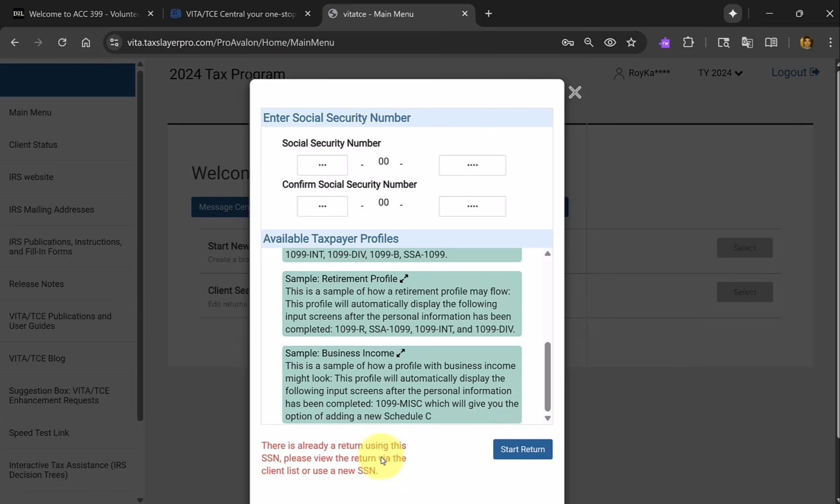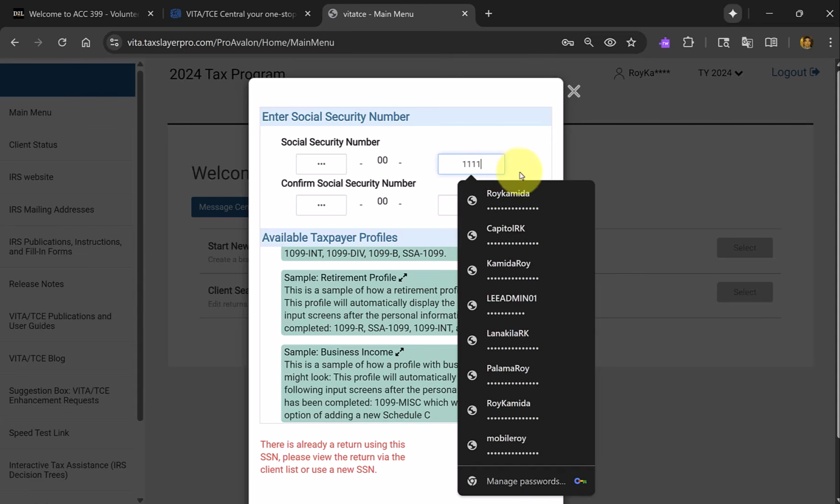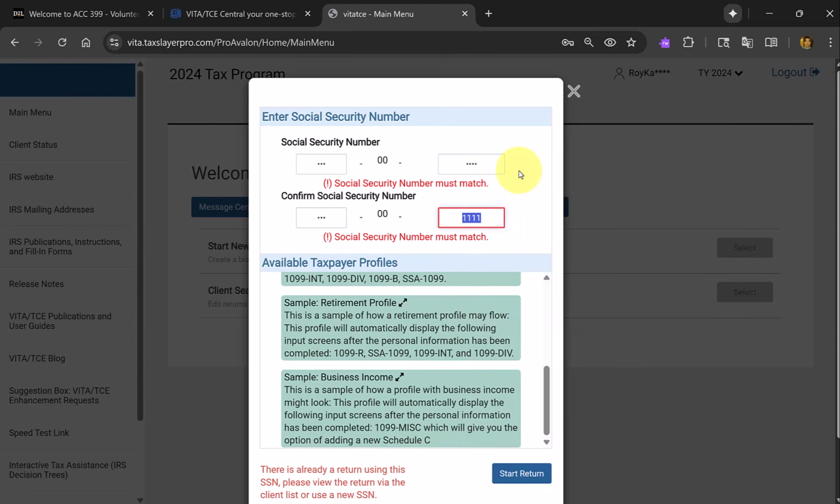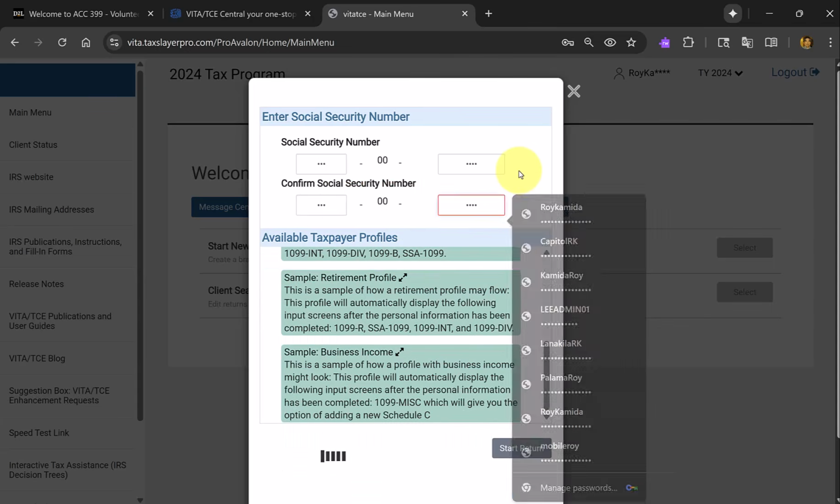There's already a return using that number. Okay, maybe I did it last year. Oh, really? Yeah, this is last year's software. So let's go 0, 100, 0, 100, and enter.